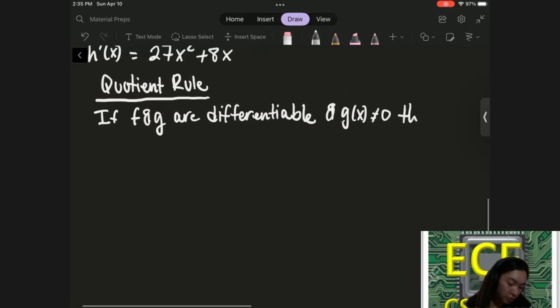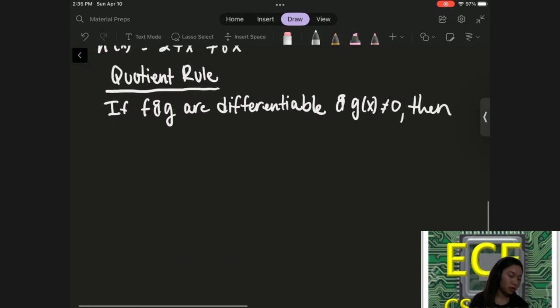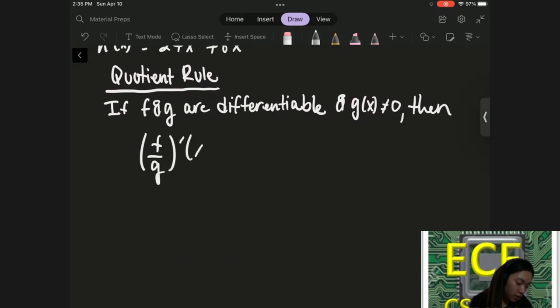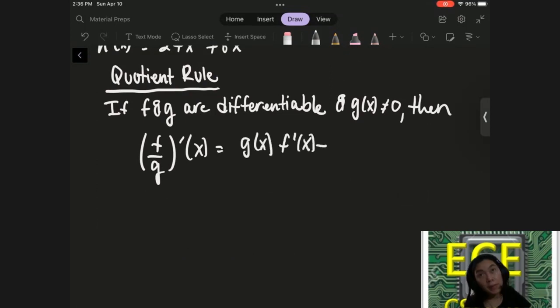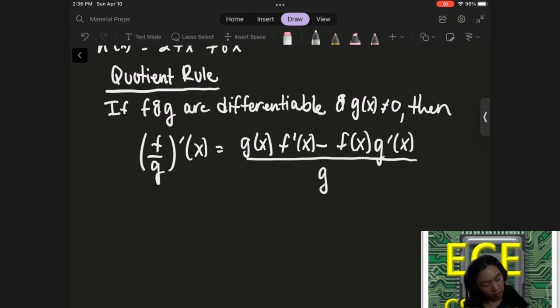Okay, let me zoom out a little. Then, if we have a function where f and g are divided, the derivative of that is g of x times the derivative of f of x minus f of x times the derivative of g of x, all over g of x, I'm just going to put parentheses around it to make it clear, squared.